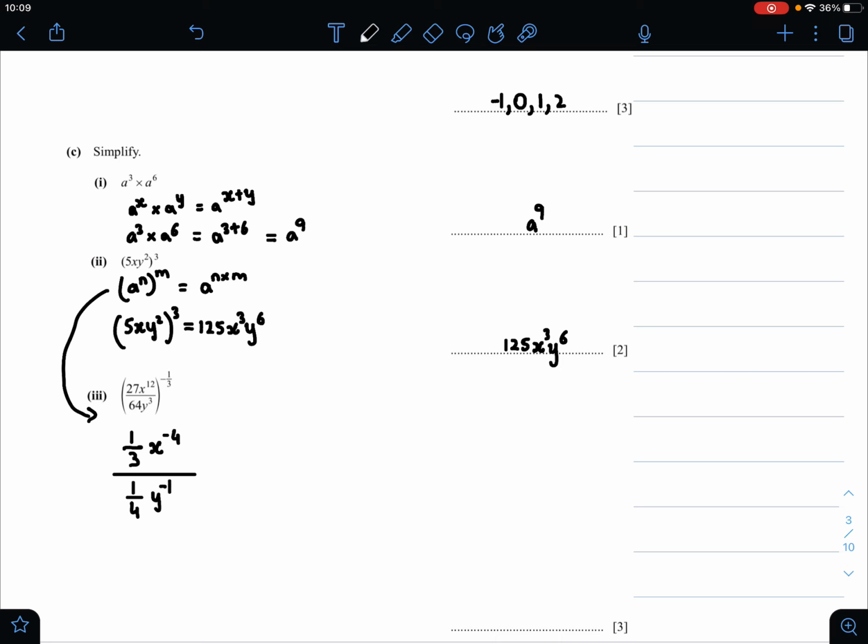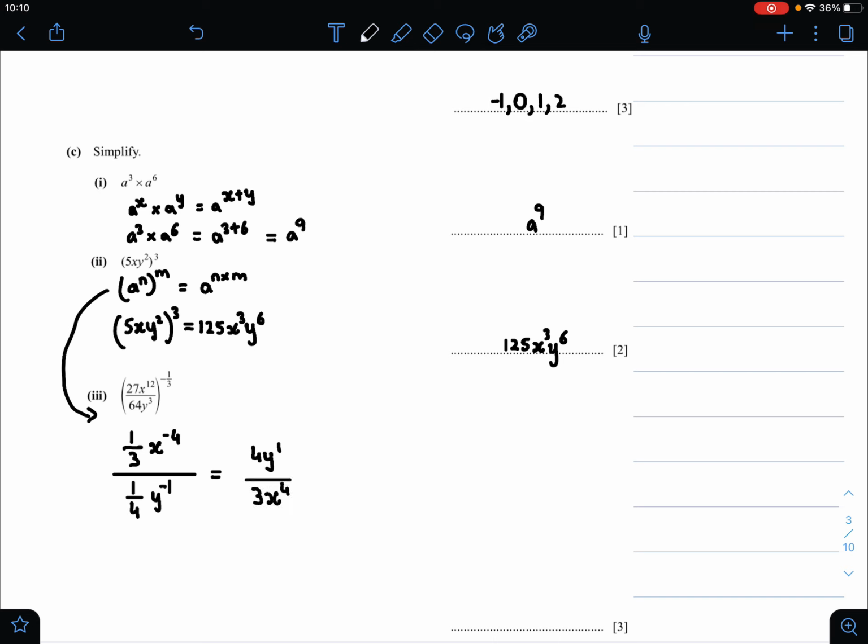So for your final answer for part C3, since both of them are raised to minus, we can swap the numerator and the denominator, and therefore your final answer will be 4y raised to 1 divided by 3x raised to 4.